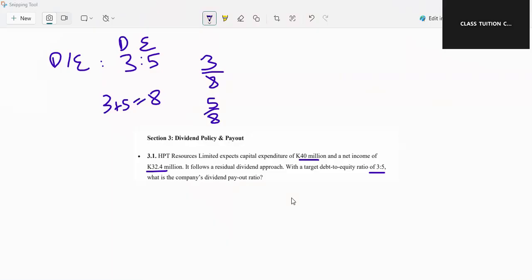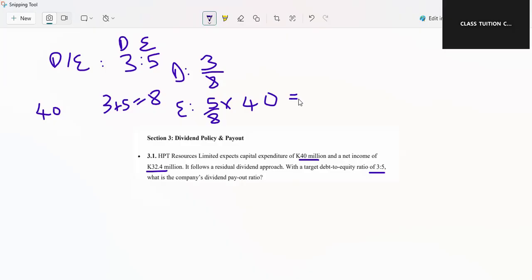Okay, so the equity needed, we have a total of 40. So how much equity is needed? We have the component of equity, which is 5 over 8 here. And the total amount needed is 40 million. Expenditure, that's the investment, 40 million. So the debt aspect is this, the equity aspect is that.